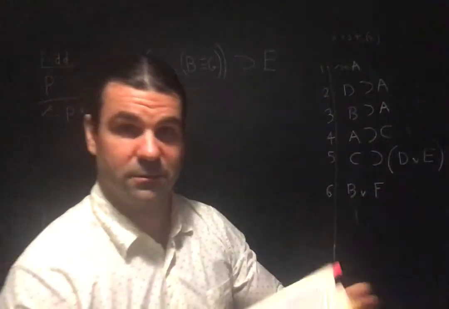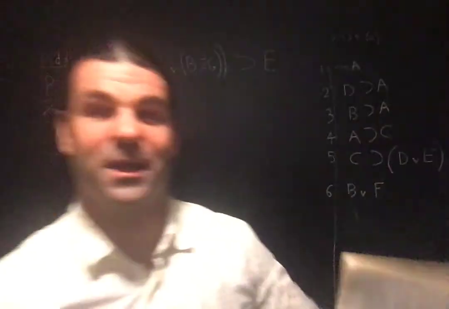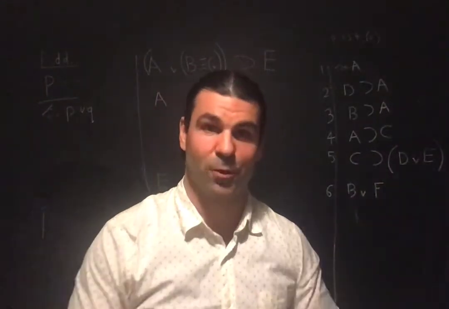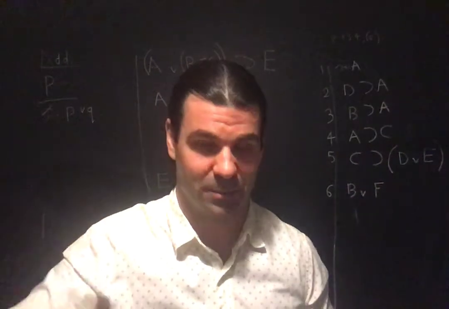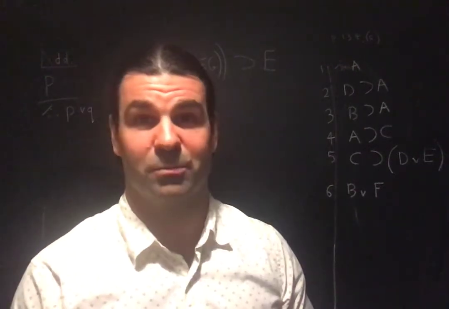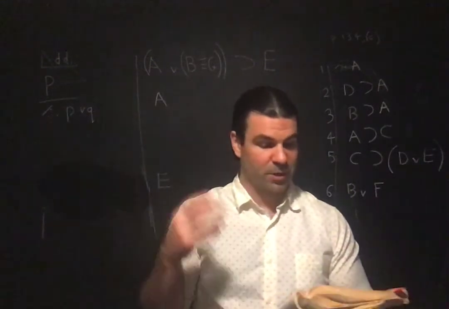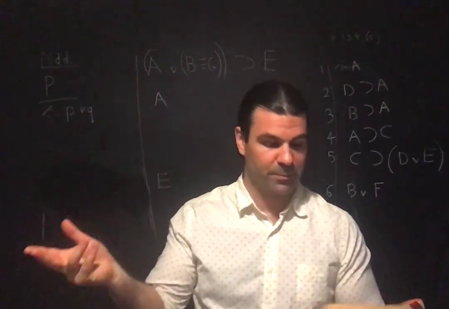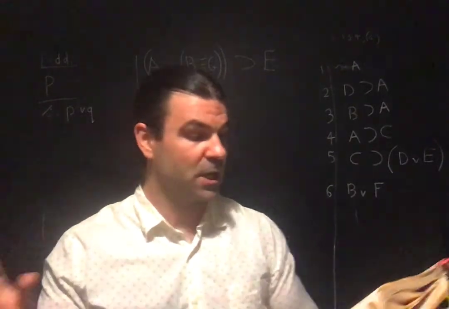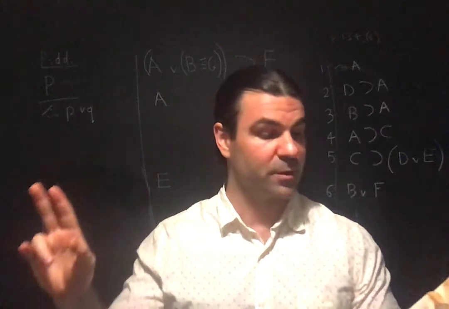I'm going to repeat this thought many, many times, all the way through to Units 15 and 16 when we do proofs for predicate logic. The bottom-up or working backwards method, as the name implies, has you start out by considering the conclusion in your reasoning process rather than the premises.